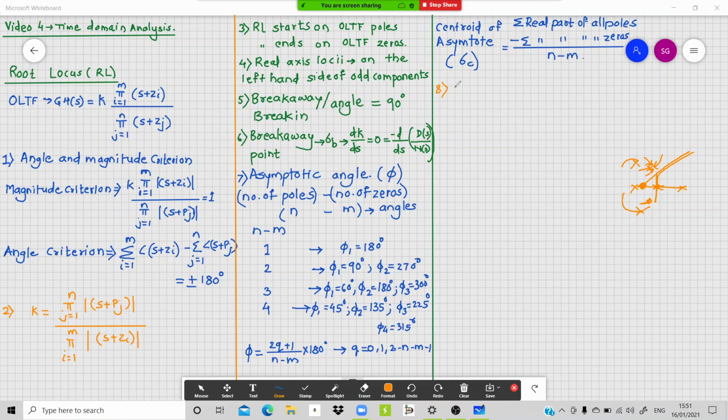So I'll write those two formulae: angle of departure from a complex pole, which is denoted by phi d.